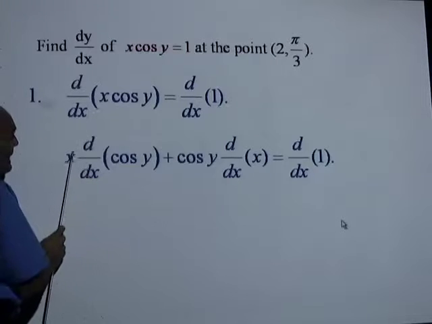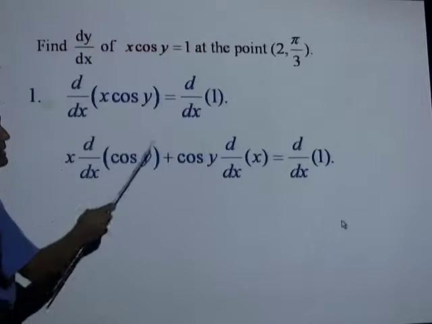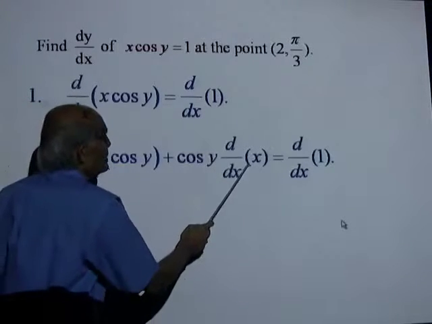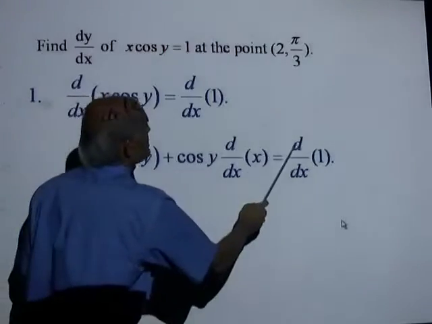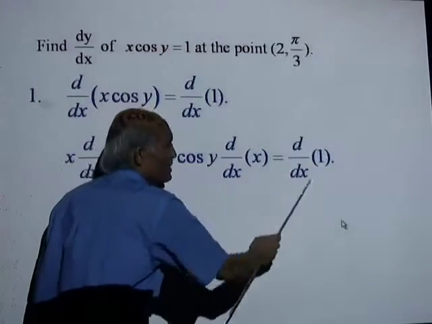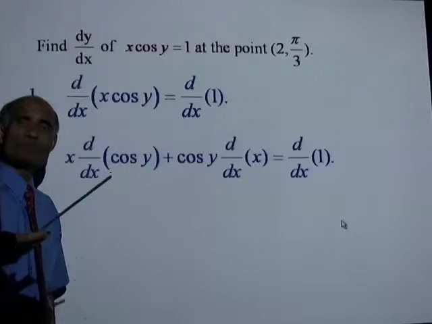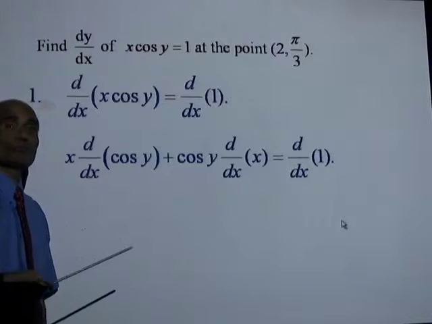So it will be x times d by dx of cos y plus cos y times d by dx of x. We simply apply the power rule there, equal to d by dx of 1. What is our right hand side? The derivative of 1 with respect to x is 0.